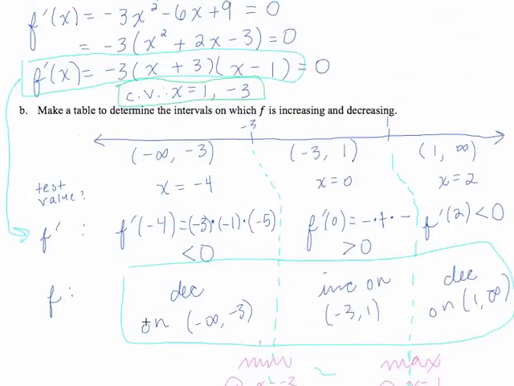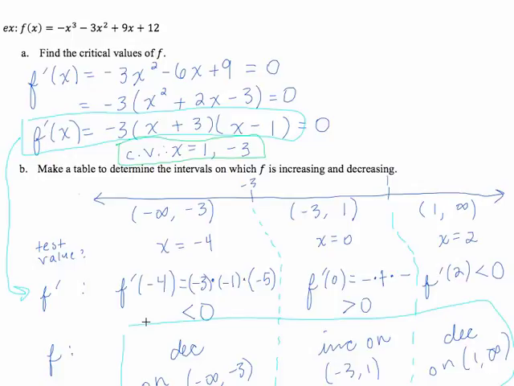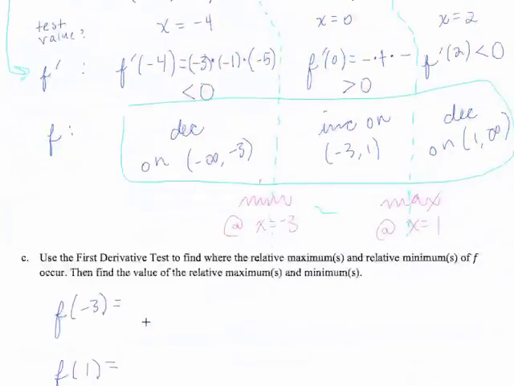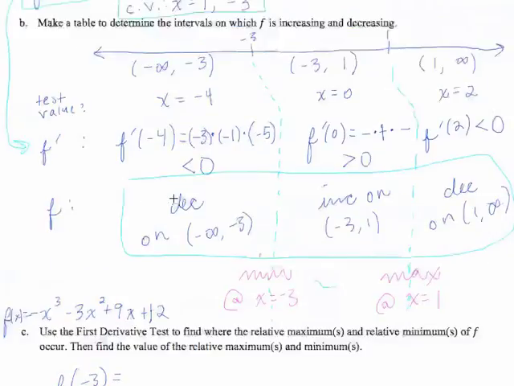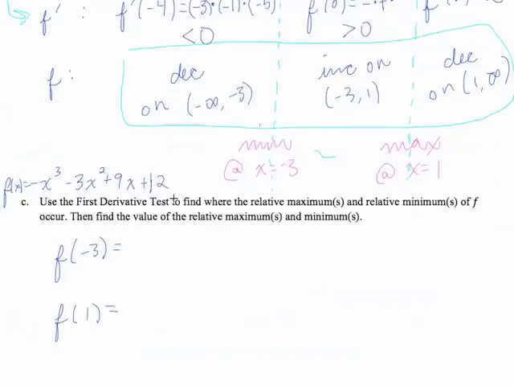F of x, let's copy it down here, is -x cubed minus 3x squared plus 9x plus 12. Let's double check that. Yes, okay.